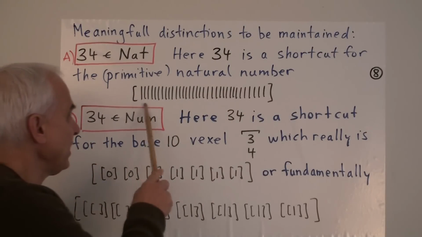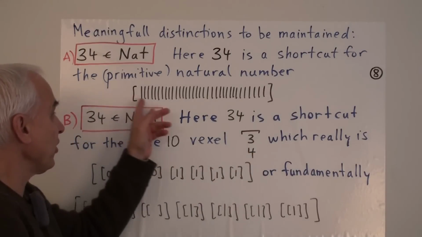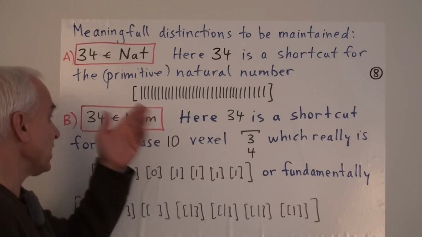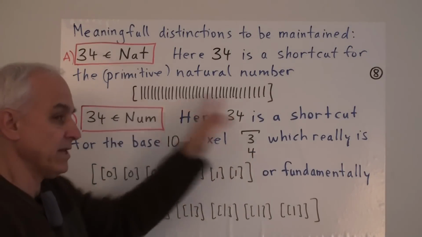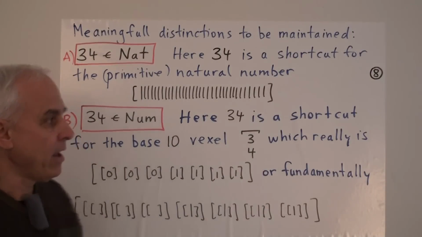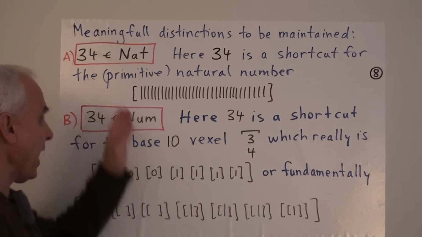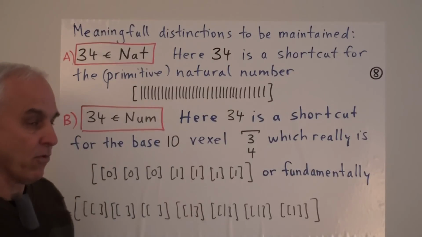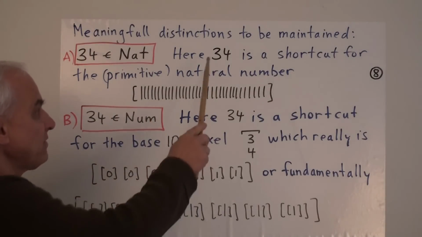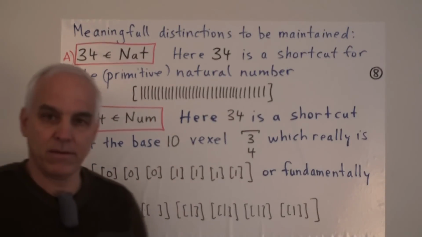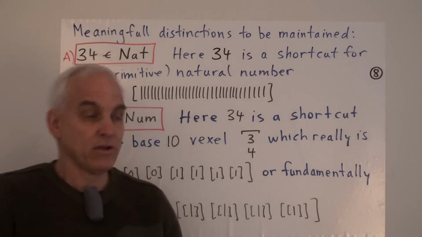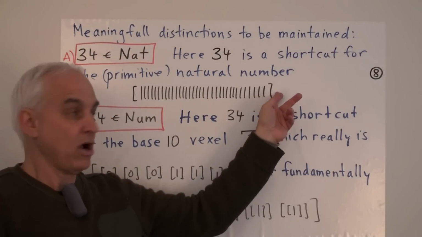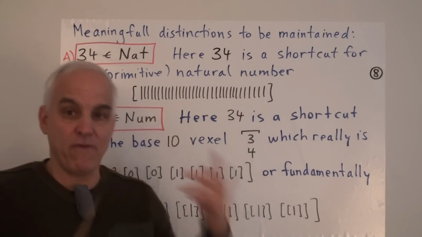So this is a primitive natural number consisting of a bunch of strokes, and we would express it as 1, 1, 1, 1, 1, etc., 34 times. But instead of writing this or saying 1, 1, 1, 1, 1, etc., 34 times, we'll allow ourselves to use our familiar Hindu Arabic numeral to represent this thing. And we'll talk about the natural number 34.